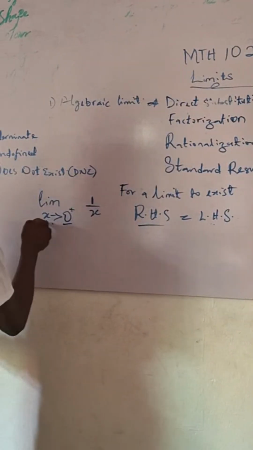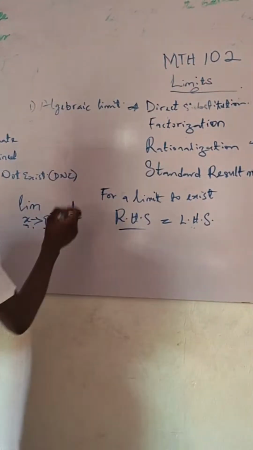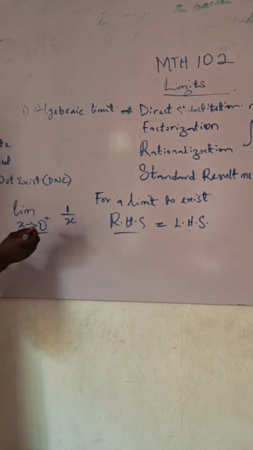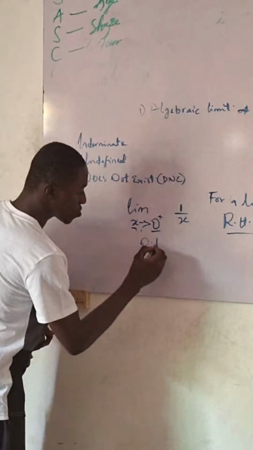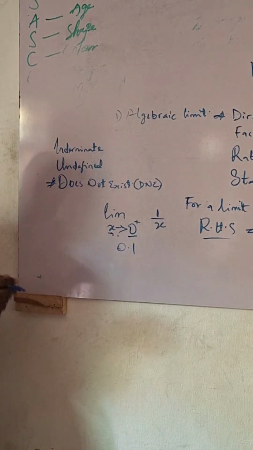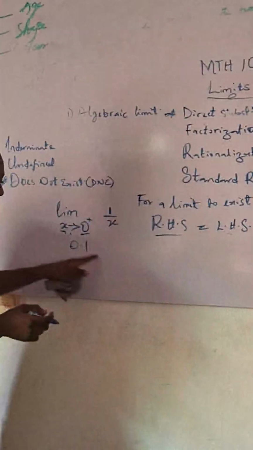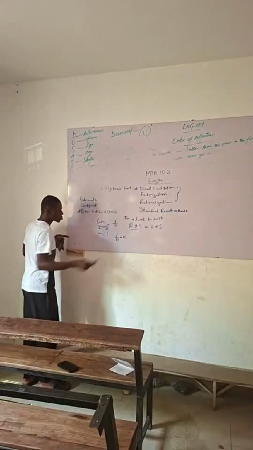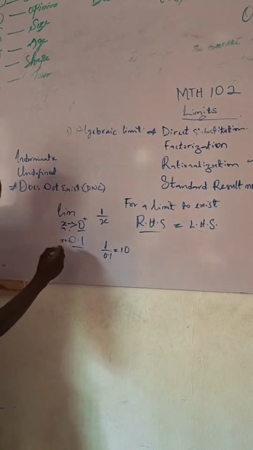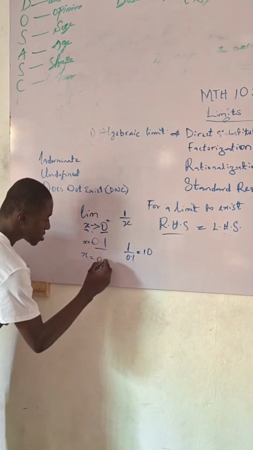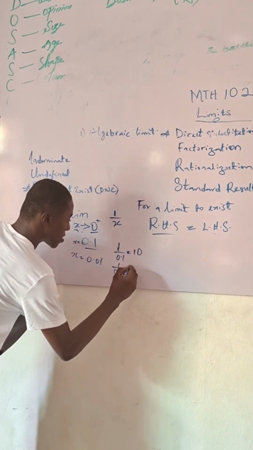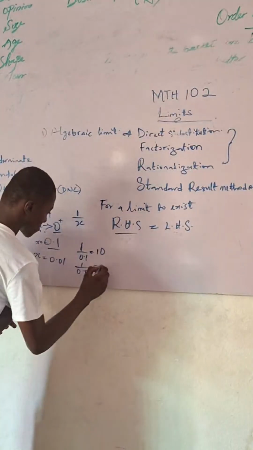Limit of x is approaching 0 from the right hand side. So now how do I check for this? As I said before, it does not mean it's exactly at 0. 0.1. Now if I do another very small number like 0.01, that would be 1 over 0.01, that's 100.